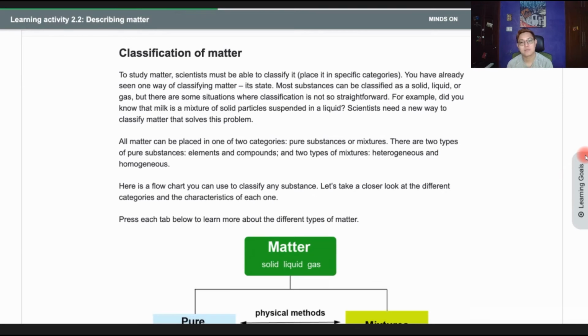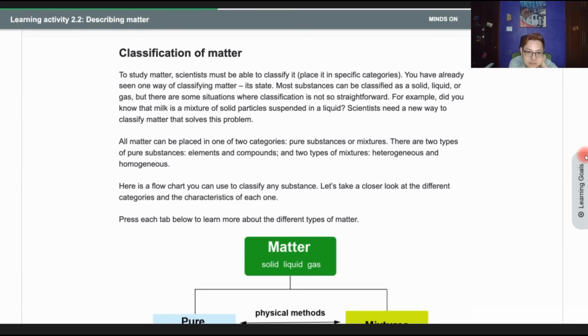Scientists need a new way to classify matter that solves this problem. All matter can be placed in one of two categories: pure substance or mixture.